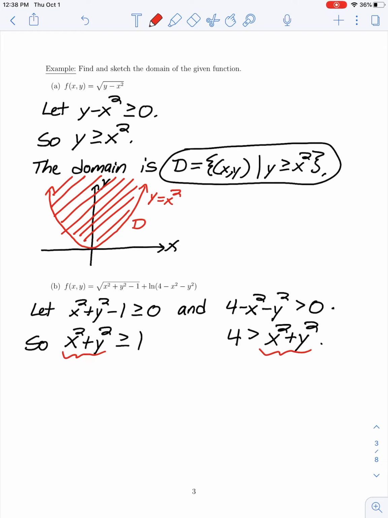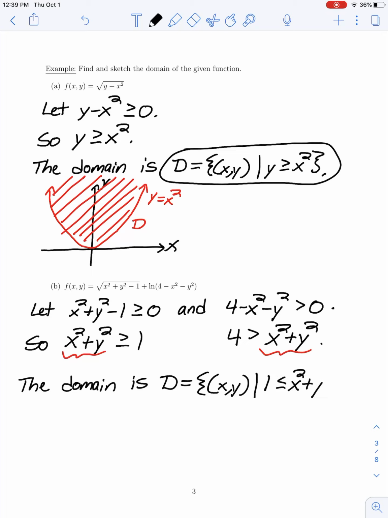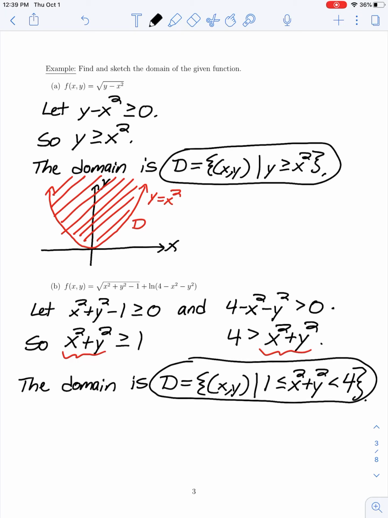It has to be at least 1 and can be no greater than 4. So combining these two conditions, we would say that the domain is the set D of all points in the xy plane such that the sum of x squared and y squared is at least 1, but is strictly less than 4. So this would be the domain of our function.